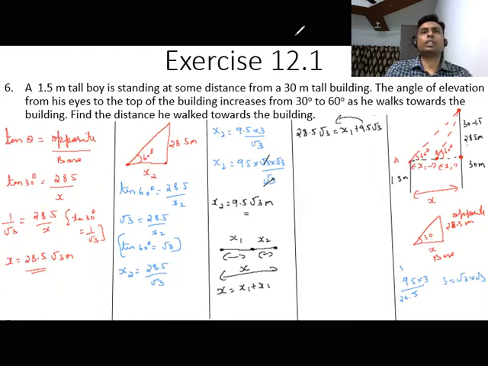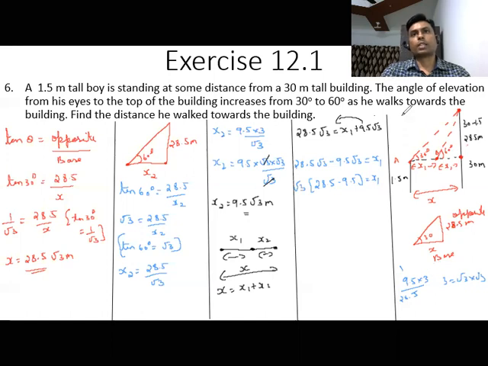Bring 9.5 root 3 to the other side, it will become minus. So 28.5 root 3 minus 9.5 root 3 is the distance the boy has walked, x1. Your root 3 is common. You're left with 28.5 minus 9.5.